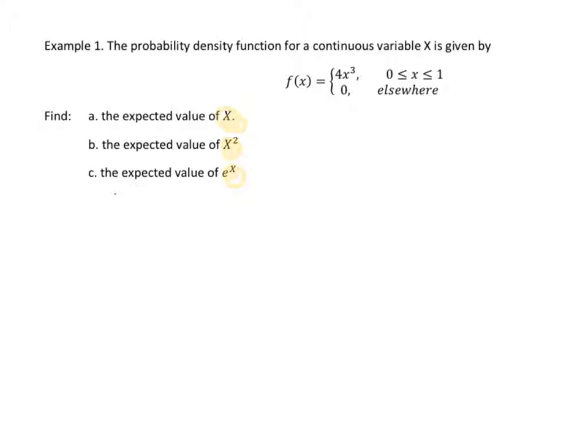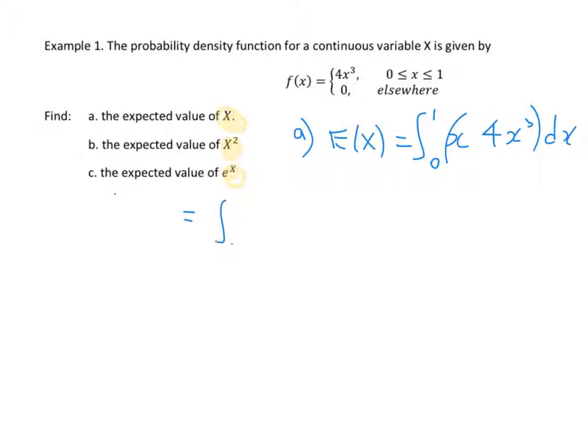Now if we have a, the expected value of x is equal to the integral from start to finish of x times f of x dx, which is the integral of 0 to 1 of 4x cubed dx.